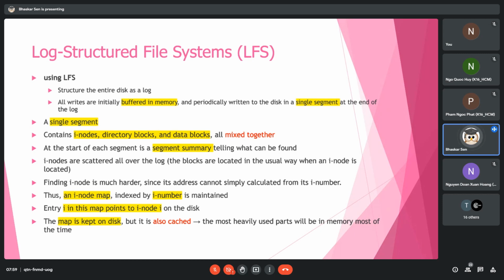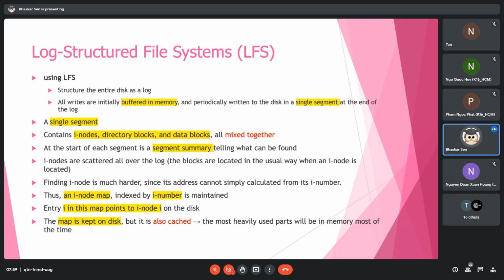Okay, and then from memory, they are dumped in one single part, one single sector, one single segment. Everything dumped together. Try to imagine everything written in the memory buffer, and from the memory buffer, everything literally dumped in one segment.